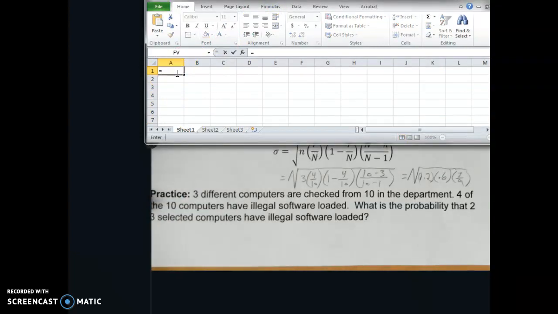I'm going to put equals, and we're going to have the square root of 1.2 times 0.6 times 7 ninths. Okay. And you should get 0.748.